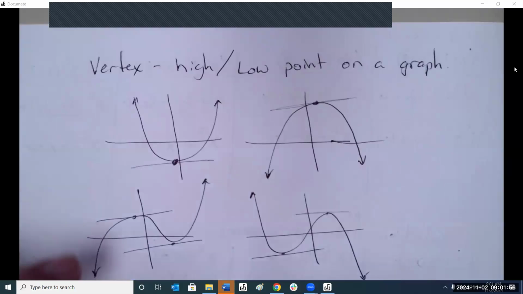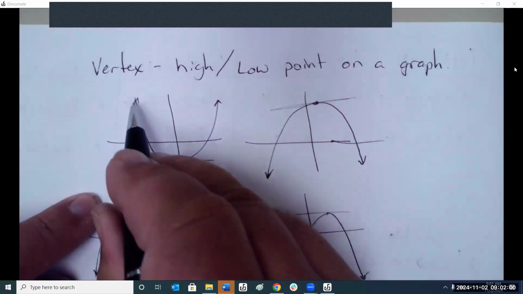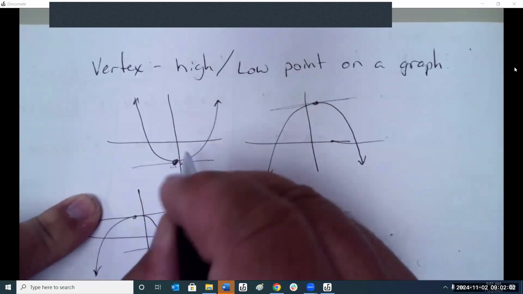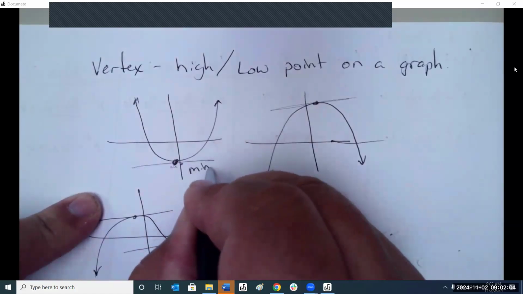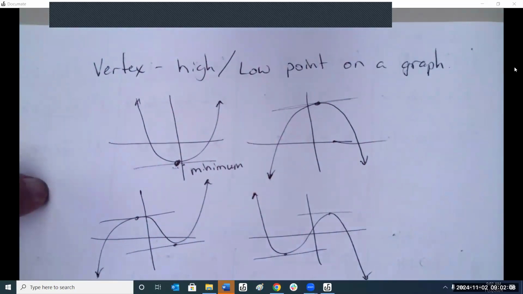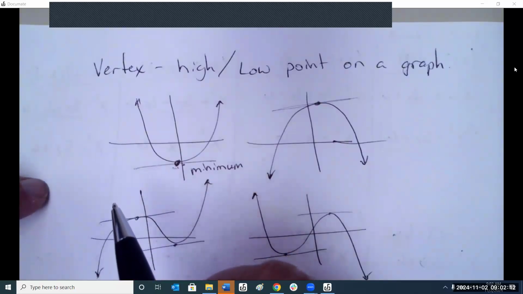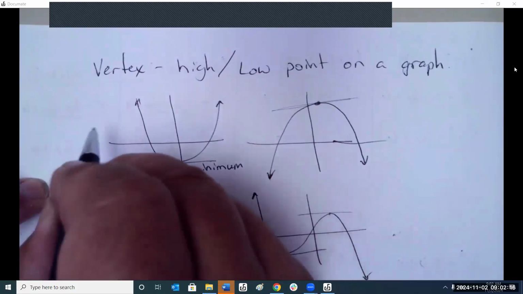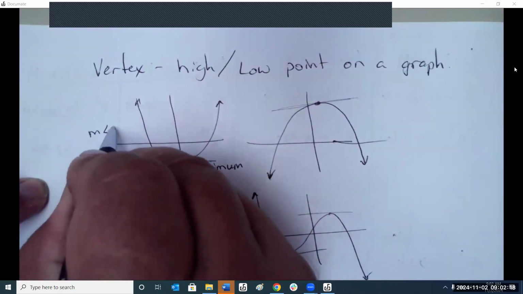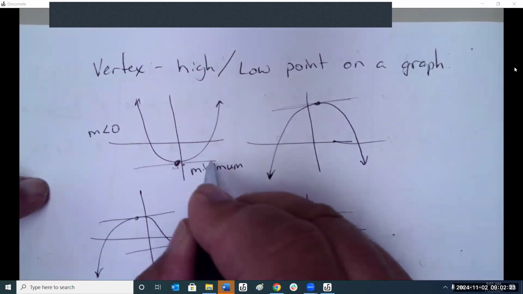If you think about it, look what happens here. Since we know this is a vertex, how do we know that? Because on the left side, this is called a minimum. On the left side, is the slope increasing or decreasing? It's decreasing. So the slope here is negative. What happens on the right-hand side?